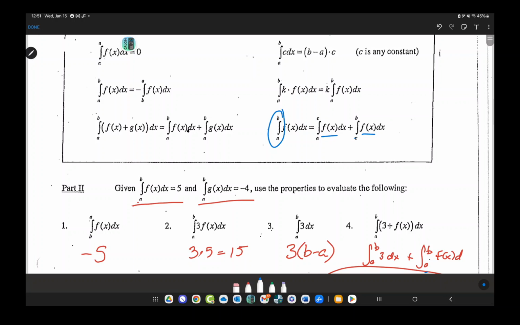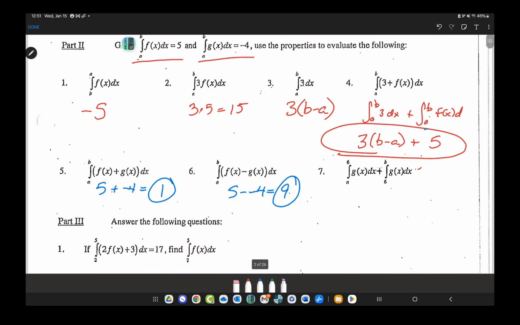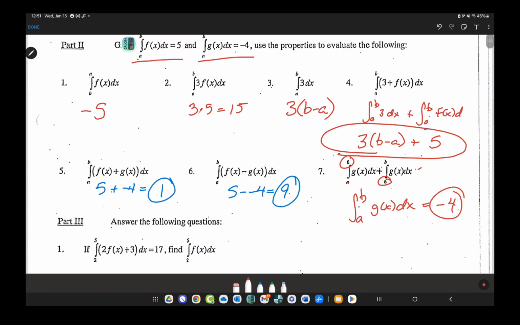That c is just another value. So in this case, I have 6. The integral from a to 6 plus the integral from 6 to b, I can combine to be the integral from a to b of g of x dx, since these values are the same. And what's the integral from a to b? Negative 4.